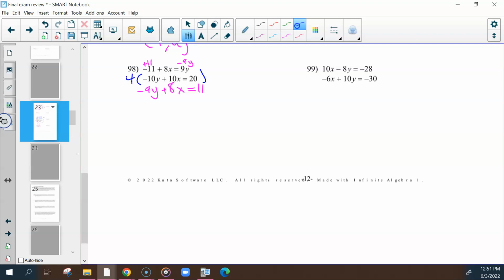So if I multiply these by 4 and these by 5, the x's would be the same. You could also just multiply whatever they are to each other, so 10 and 8. That would also work. So this would become negative 40y plus 40x equals 80. And negative 45y plus 40x equals 55.